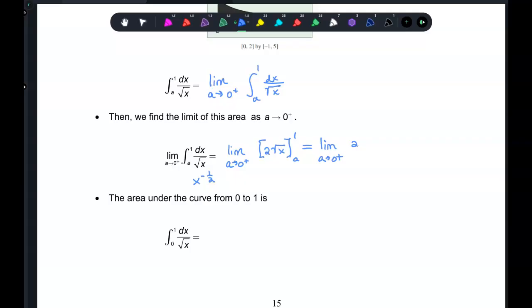So we have 2 root 1 minus 2 root a. And as a approaches 0 from the right, we get 2. So therefore, the area under the curve from 0 to 1 is equal to 2. Kind of crazy.